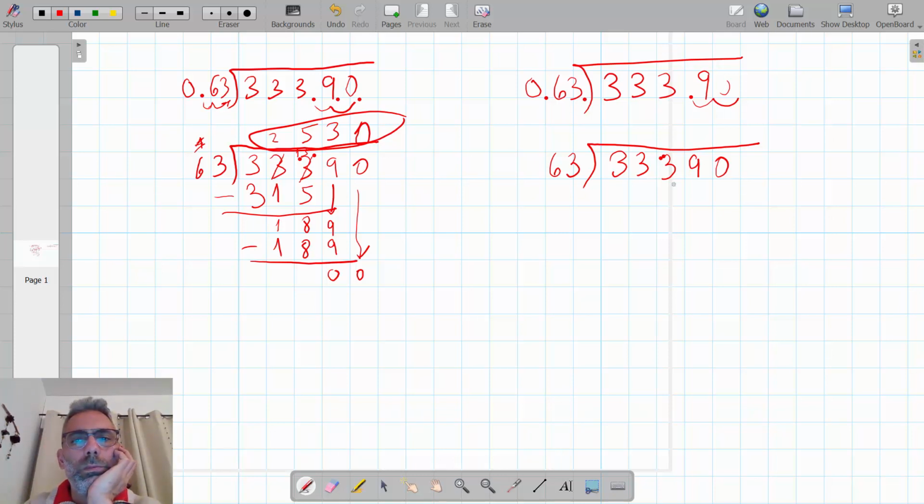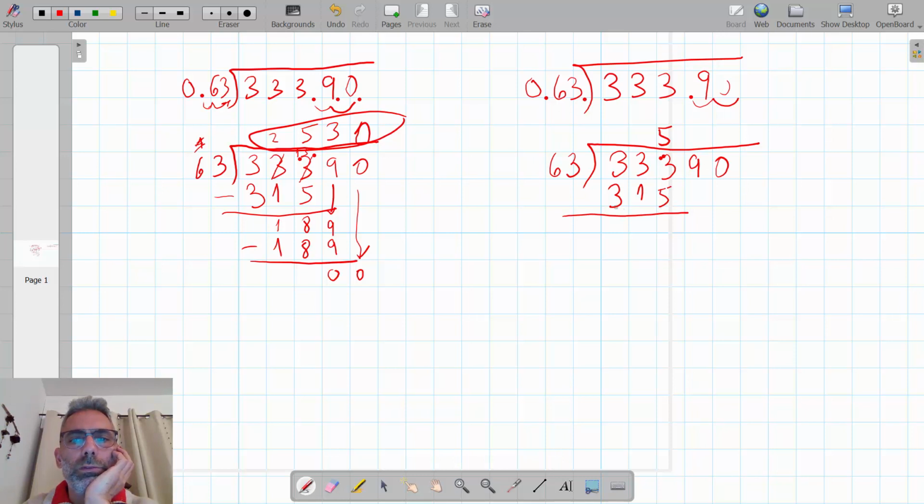So 63 goes into 333 how many times? 5 times? 5 times 60 is 300. And 5 times 3 is 15. So this is 315. 333 minus 315 is 18, right? 18.